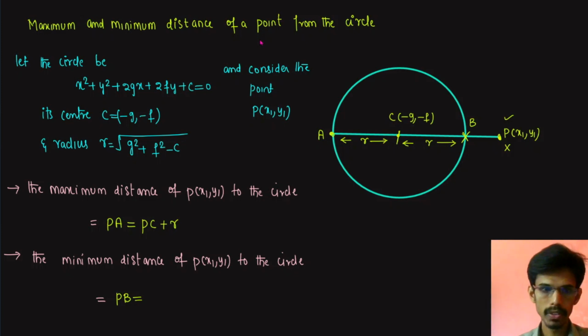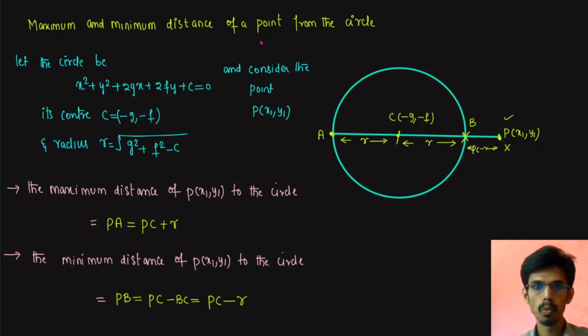So the PB distance will be the complete P to C distance minus the BC distance, and BC distance is R. So PC minus R will be the distance, because we have the total distance and I want this distance PB. I can get it from total minus this part. This is PC minus R, the distance between these two points.